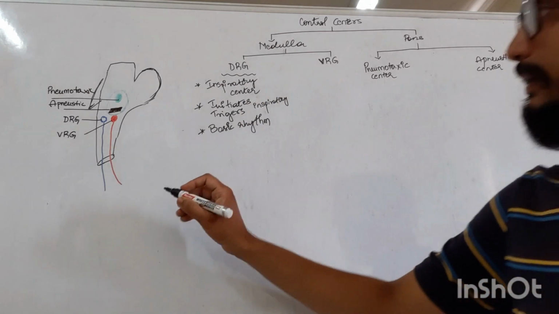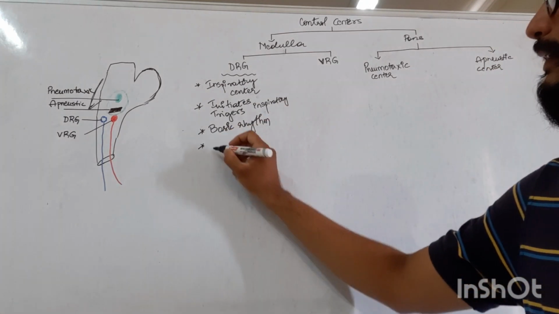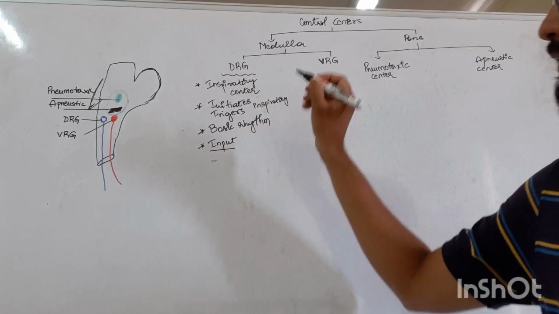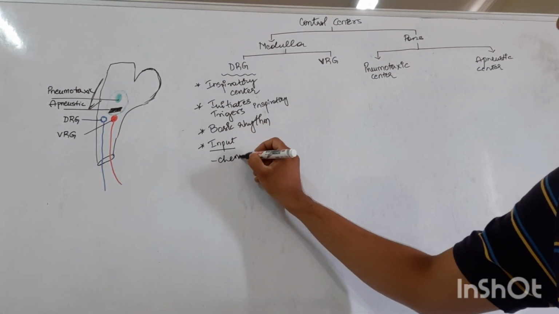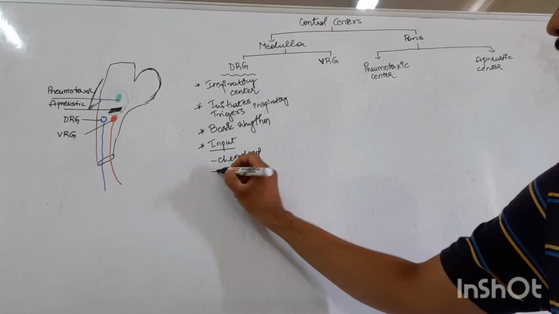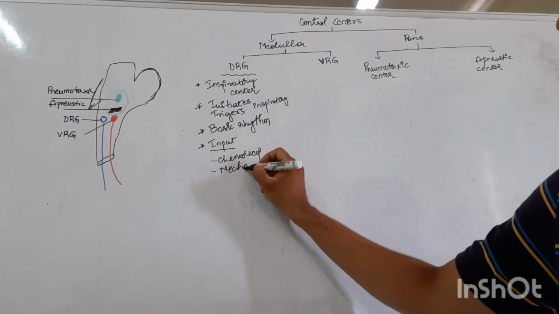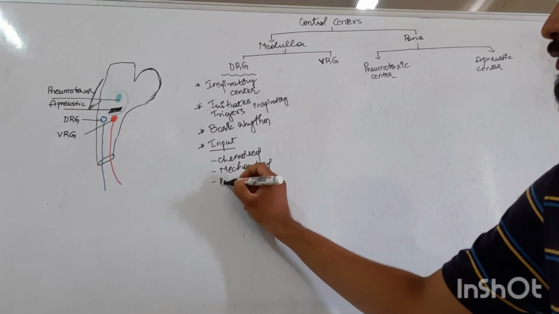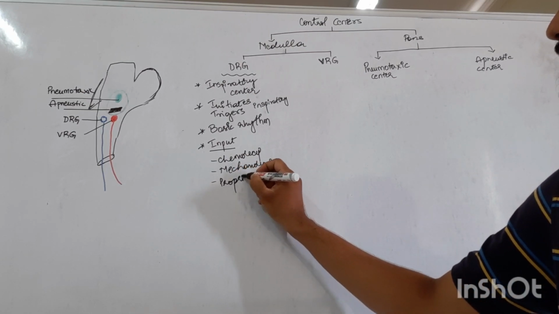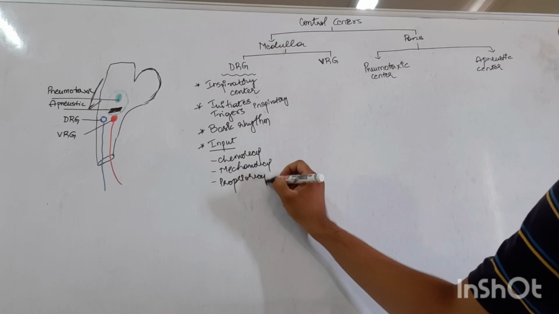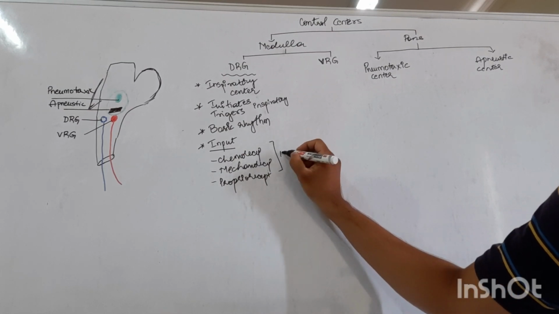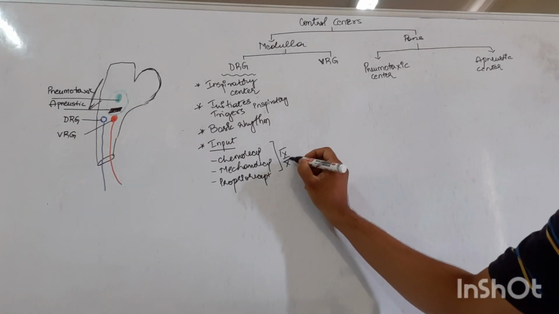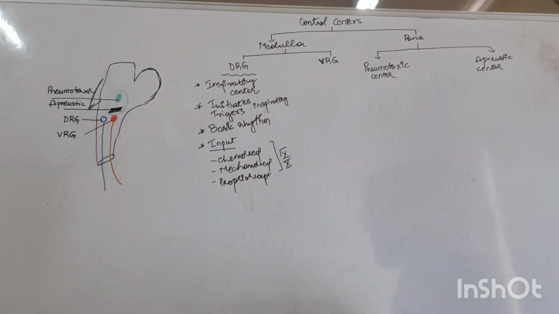The dorsal respiratory group of neurons gets the sensory input via the chemoreceptors, also via mechanoreceptors and proprioceptors, through either cranial nerve 9, that is glossopharyngeal, or cranial nerve 10, that is vagus.